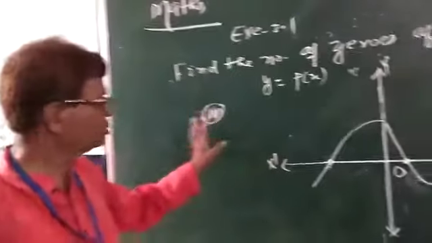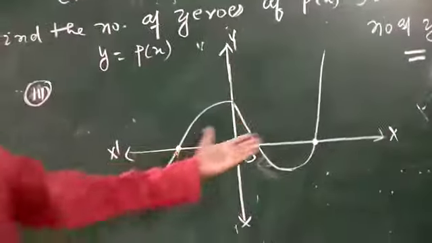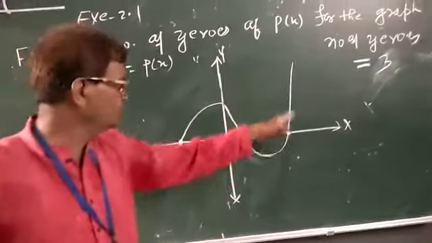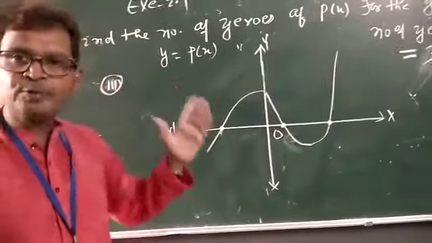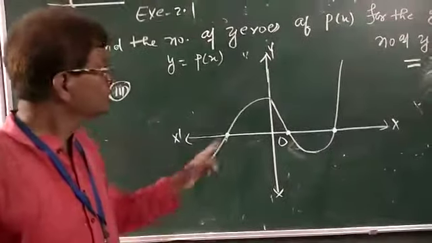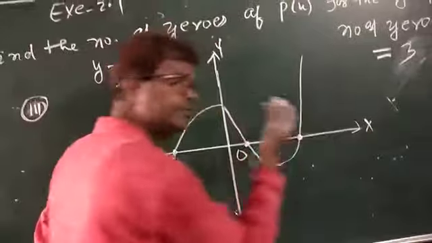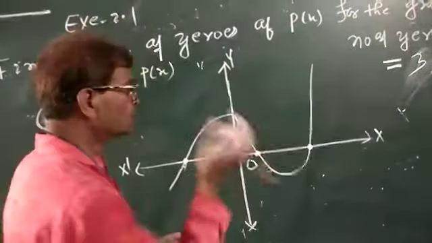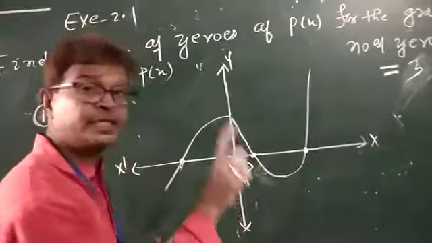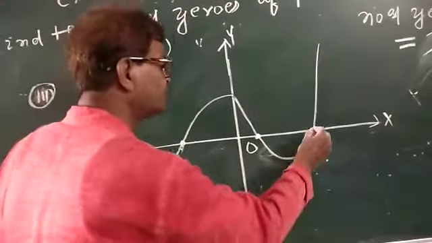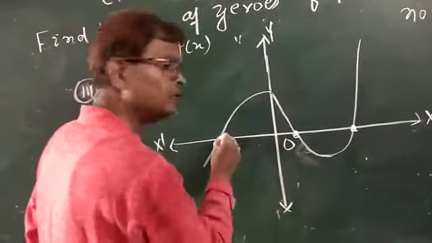Students, now come to question number 3. See this graph cautiously. The graph line is this one only. You have to count how many times this graph intersects the x-axis. This is the x-axis. This graph intersects the x-axis on 3 points. These points, and these points.